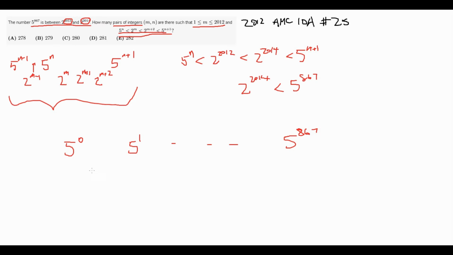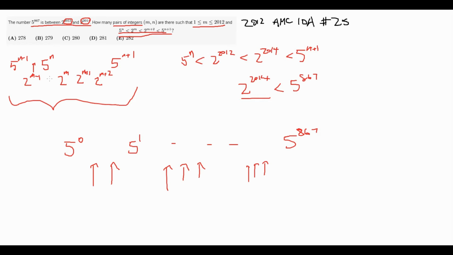Out of these powers of 5, after we insert a bunch of powers of 2, how many times do these powers of 2 appear 3 in a row between 2 consecutive powers of 5? That is our new question.